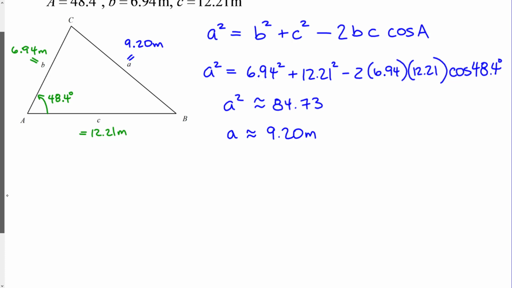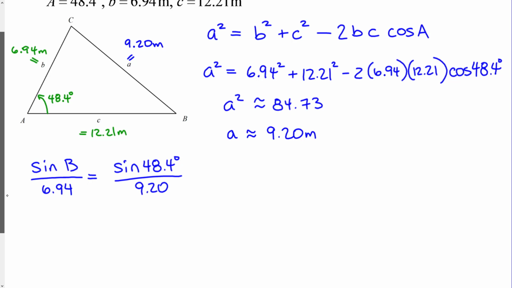So what I can say is the sine of angle B divided by the side opposite that, which is 6.94, is going to be equal to, now in this case I don't really have any way of avoiding using the 9.20. I have to use a known angle for the law of sines. So sine of 48.4 degrees divided by 9.20.